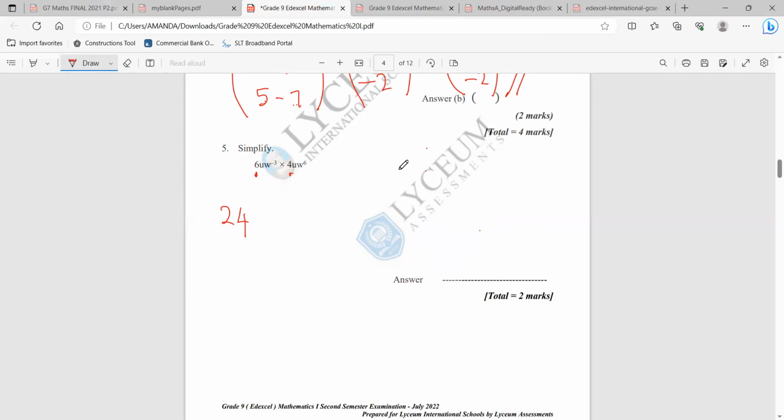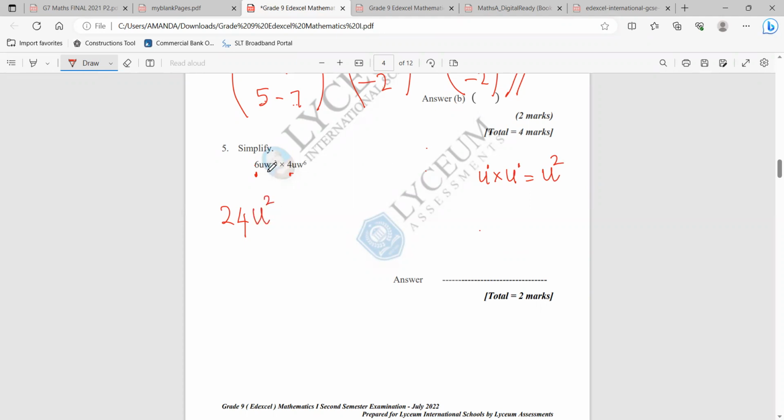U multiplied by u. So when we are multiplying, it's u squared. Here you have 1 power. So when we are multiplying with powers, the powers get added up. So it's u to the power 2, or u squared.